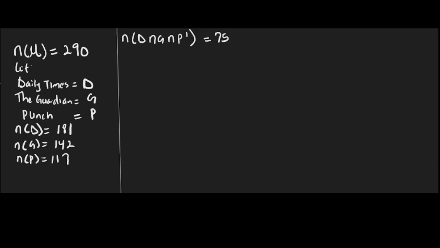That means D intersection G prime intersection P, those that read Daily Times and Punch, is equal to 60.